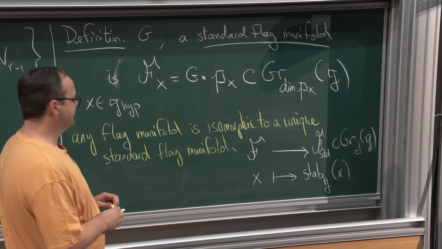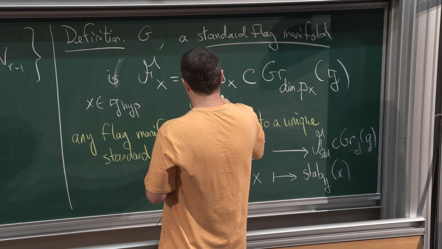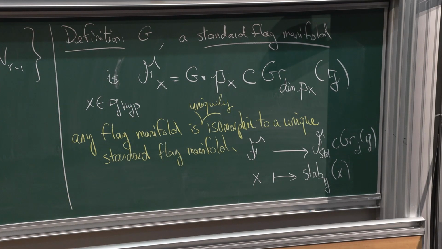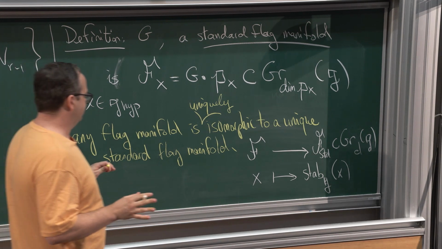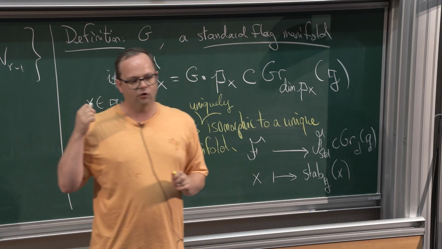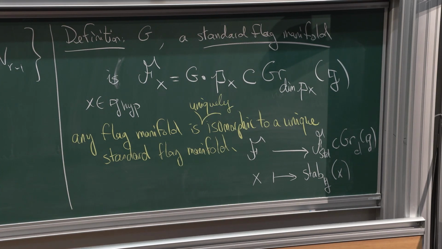That's the. I could actually also add here, it's uniquely isomorphic, actually. That's even better. Yeah, there are only finitely many standard flag manifolds, and they don't correspond to orbits for the adjoint actions. They correspond to orbit types, right?